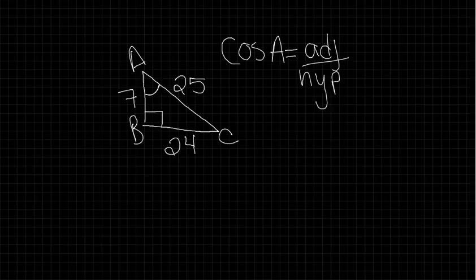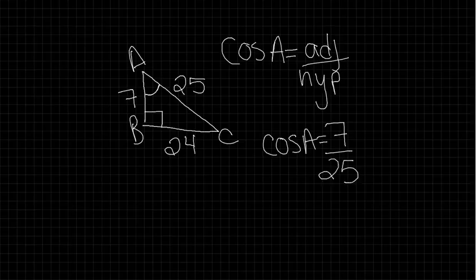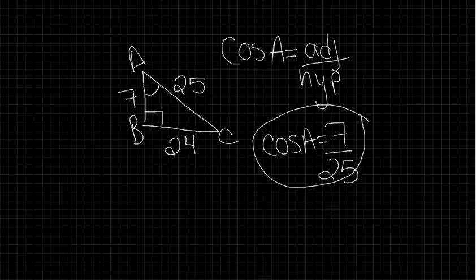But in this case, we can say that it is 7 over 25. So this would be our final answer. We could simplify this to be a decimal, but this is acceptable. So cosine of angle A would be 7 over 25.